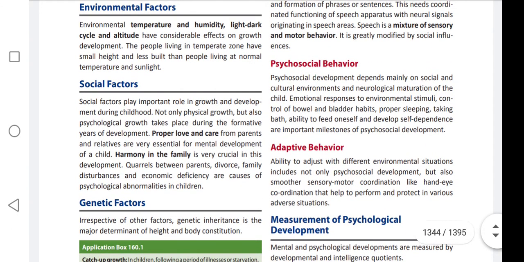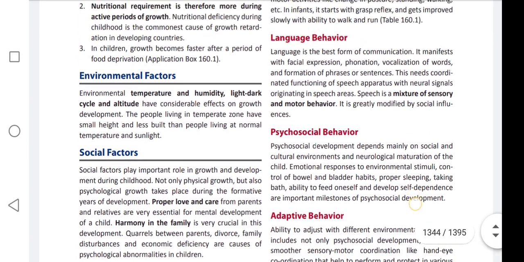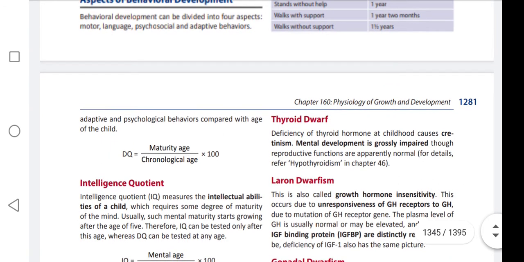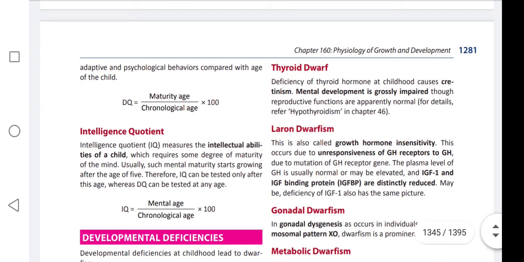And what is the formula for intelligence quotient? It is mental age by chronological age into 100. At what time does mental maturity start growing?